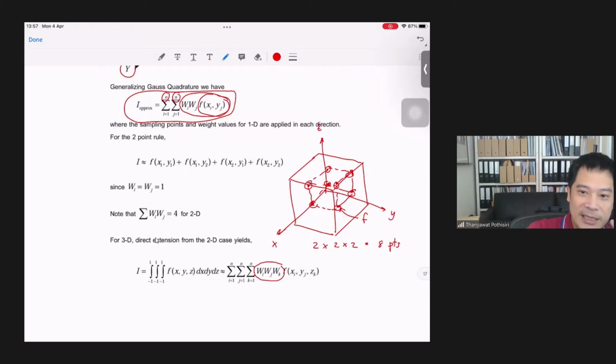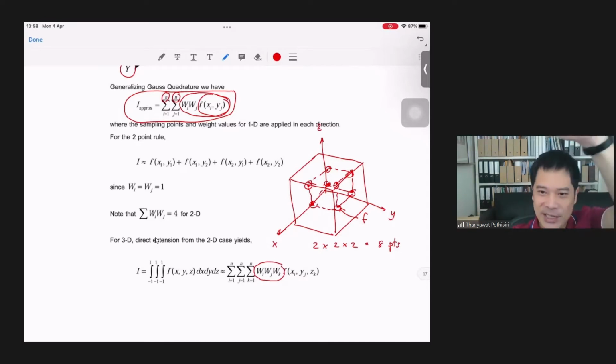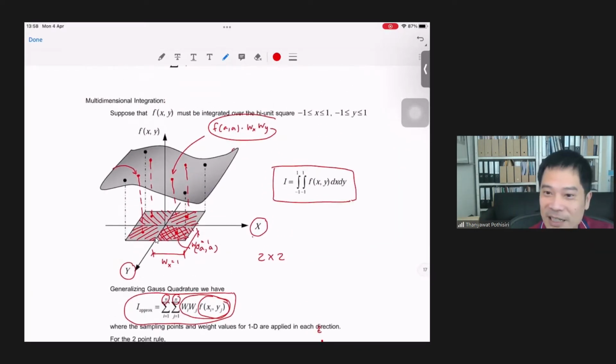Okay. Now the weight would include 3 terms now because you have weight in X direction, in Y direction, and in Z direction. But in this case, you can't think of the multiplication of all these weights to be the area or the volume or something, because you can no longer visualize it as computing the volume resulting from projection of the function in 3 dimensions.